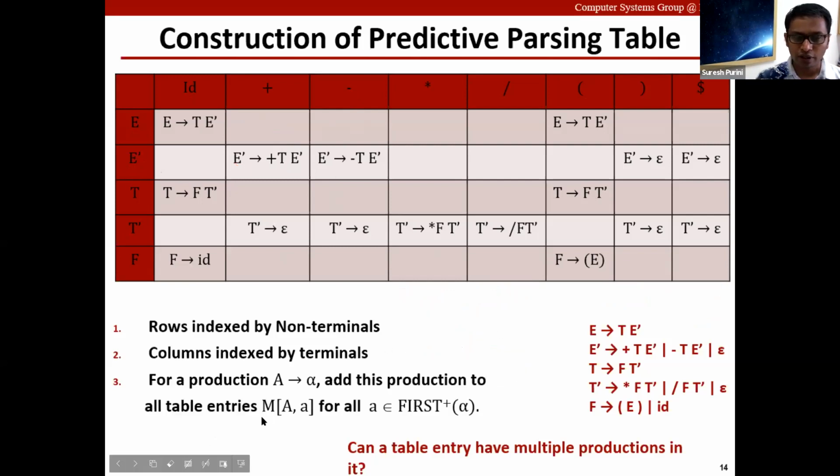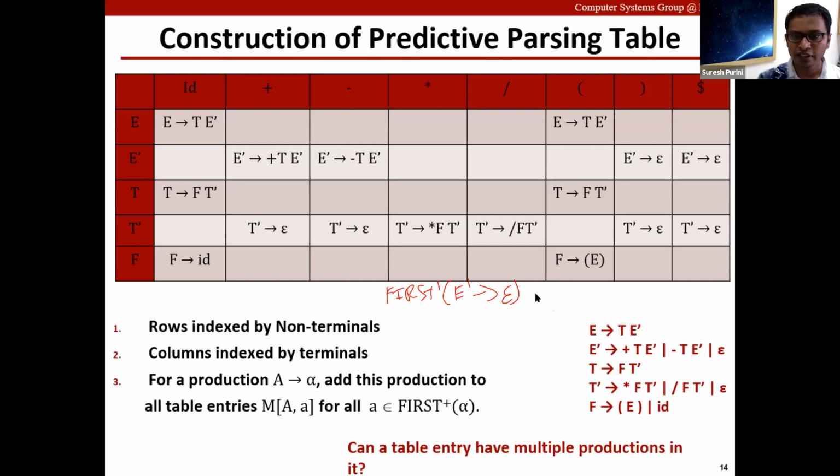So let's take one more interesting example. What is first plus of E prime going to epsilon? If you consider first plus of E prime going to epsilon, epsilon is present in the first set.